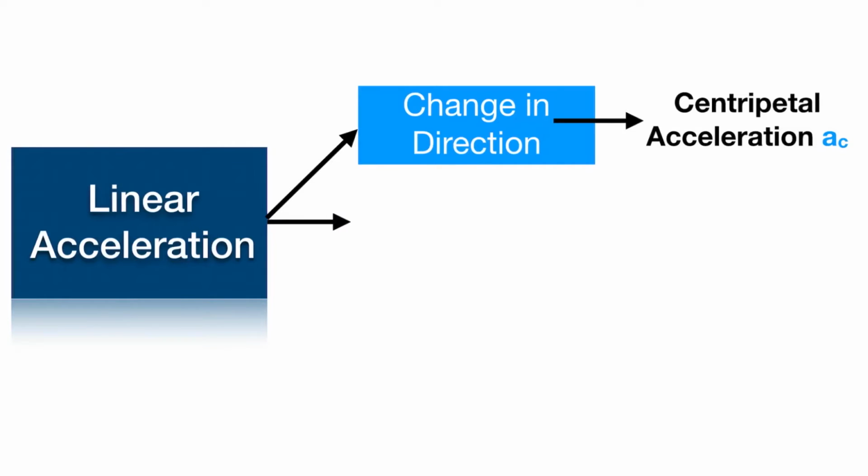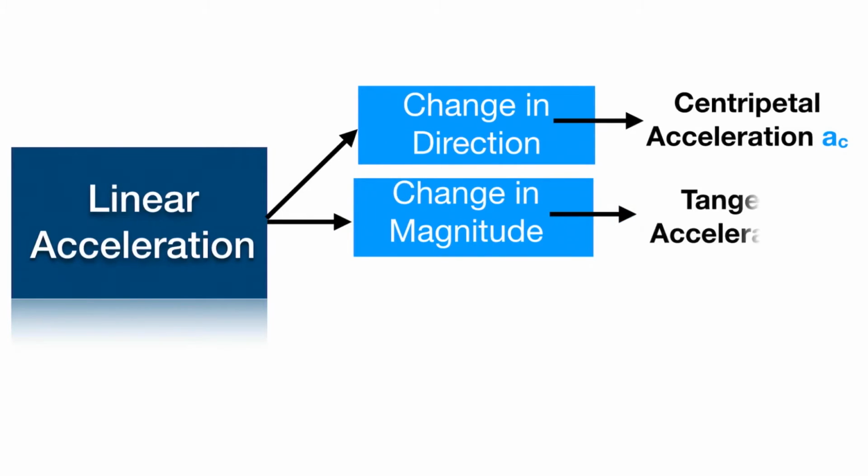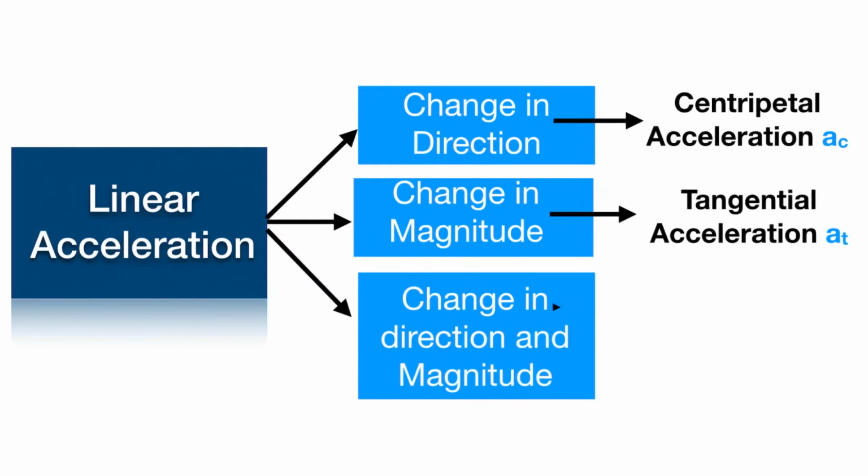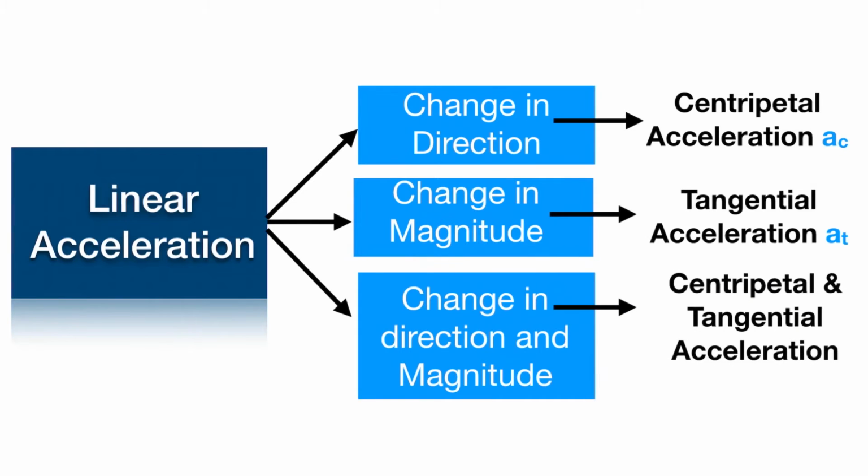Second, the change in velocity magnitude or change in speed, and the resultant acceleration is tangential acceleration. The third case, there is a change in direction as well as in magnitude. In this case, you have both types of acceleration, centripetal acceleration and tangential acceleration. The resultant will be the net acceleration a.